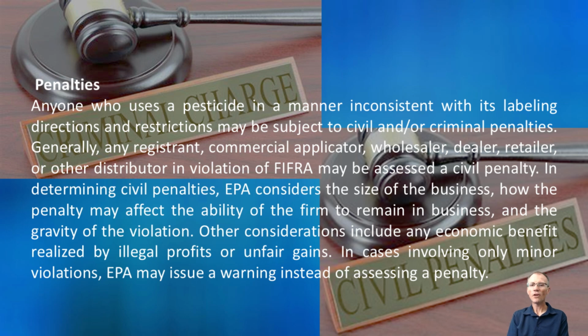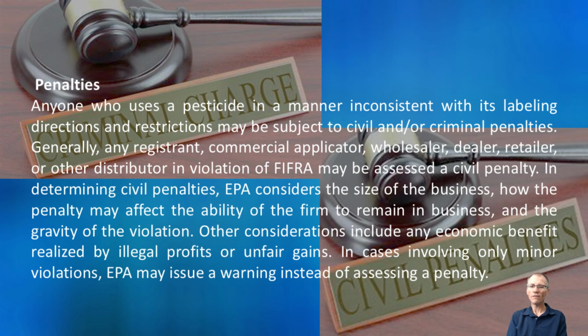Penalties. Anyone who uses a pesticide in a manner inconsistent with its labeling, directions, and restrictions may be subject to civil and/or criminal penalties. Generally, any registrant, commercial applicator, wholesaler, dealer, retailer, or other distributor in violation of FIFRA may be assessed a civil penalty.